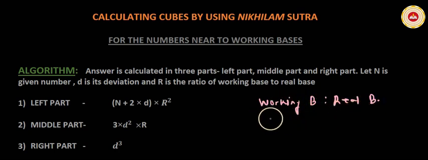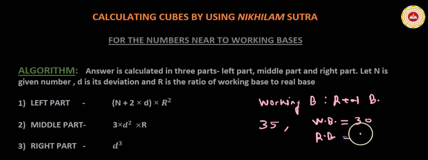For example, if the number is 35, then you have to find the nearest base for the given number 35. What is the nearest base? That means the working base. The working base is 30 for the given number 35. Now 30 is a multiple of 10, therefore the real base is 10.